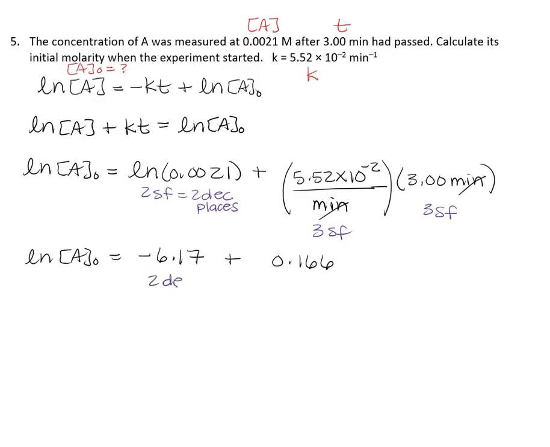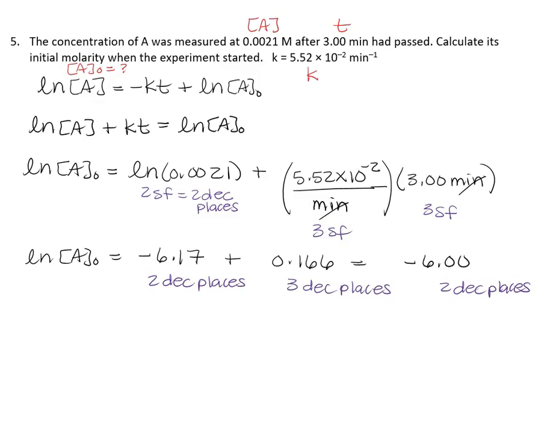We have 2 decimal places for the first term, 3 for the second term. So when we add these together, we need to round to 2 decimal places. And when we do that math, we end up with negative 6.00.